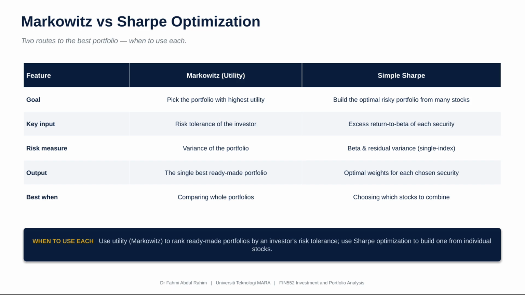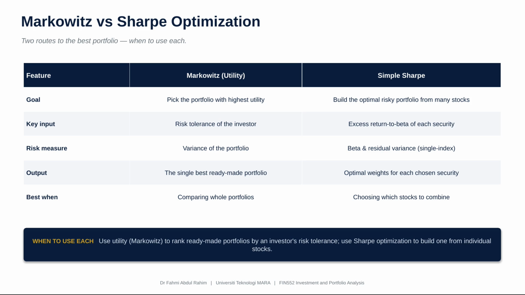The Markowitz utility method picks the portfolio with the highest utility from a set of ready-made portfolios, while Simple Sharpe builds the optimal risky portfolio from scratch out of many individual stocks.